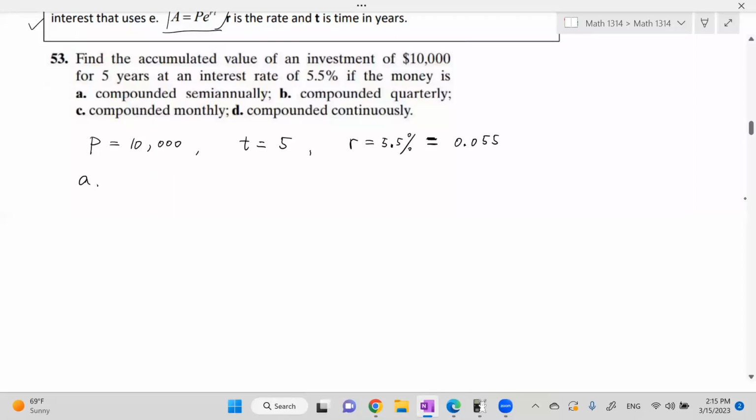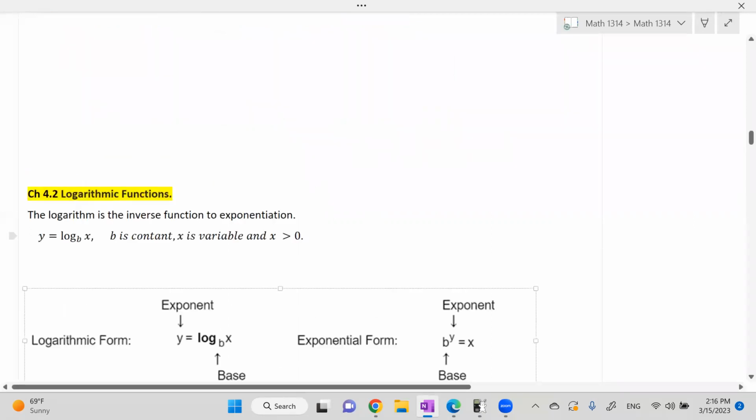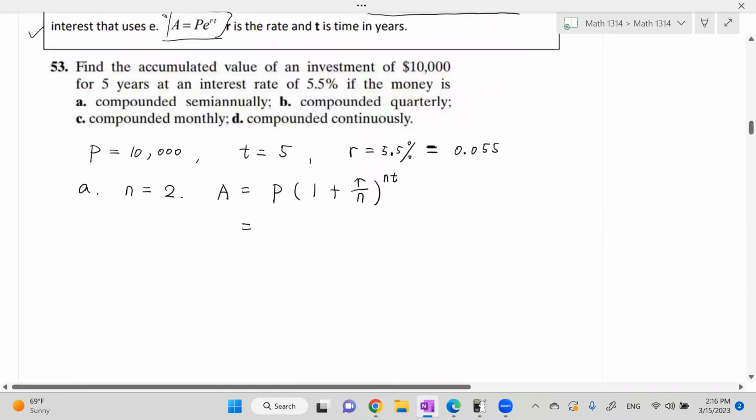So part A, semi-annually, means N equals 2. A equals P times 1 plus R over N, to the NT power. So plug in the P, R, N and T values.